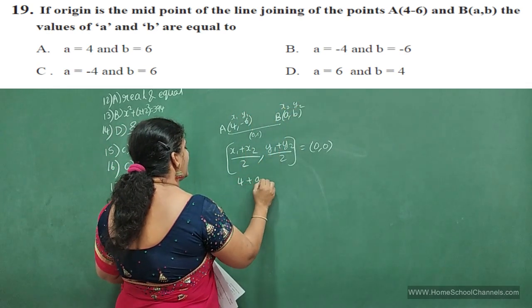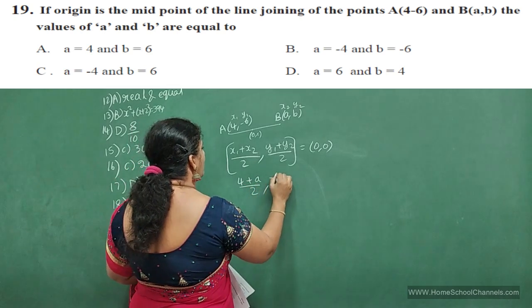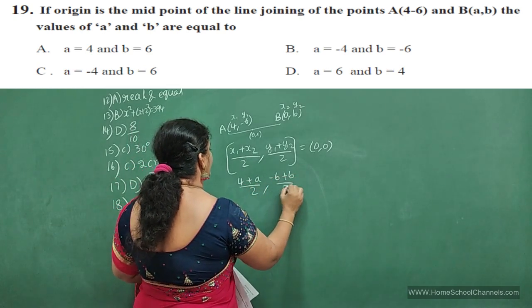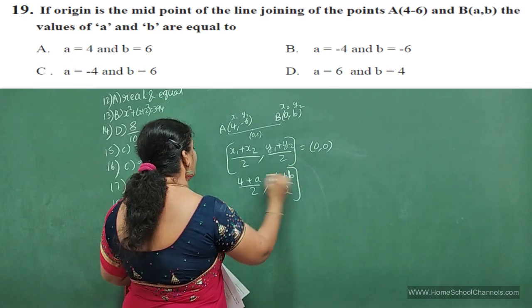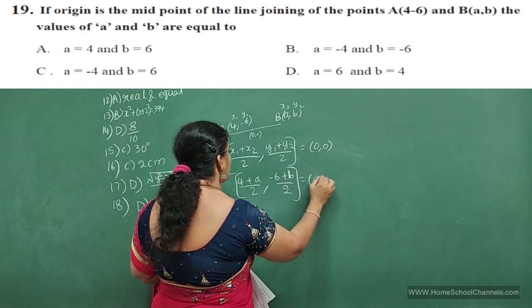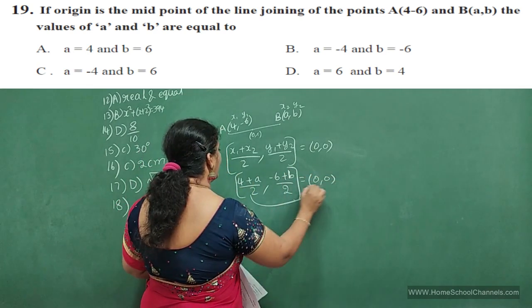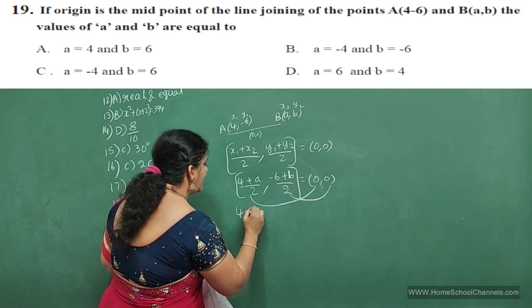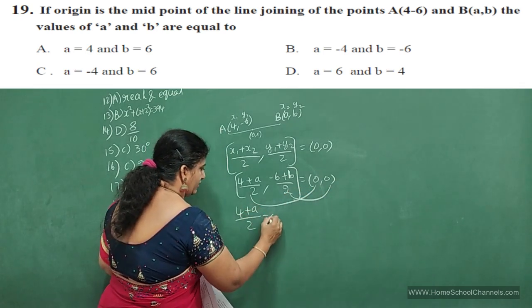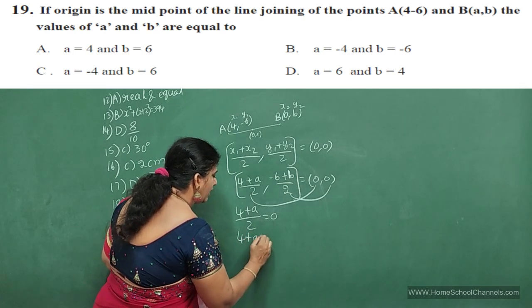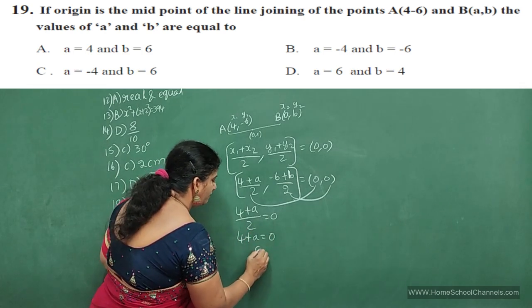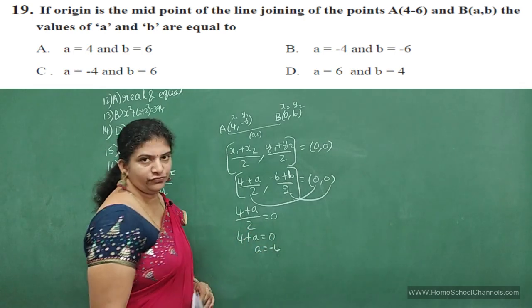4 plus a by 2, comma minus 6 plus b by 2, is equal to 0, 0. Equate these. 4 plus a by 2 equal to 0. 4 plus a equal to 0 into 2, which will be 0. A is equal to minus 4.